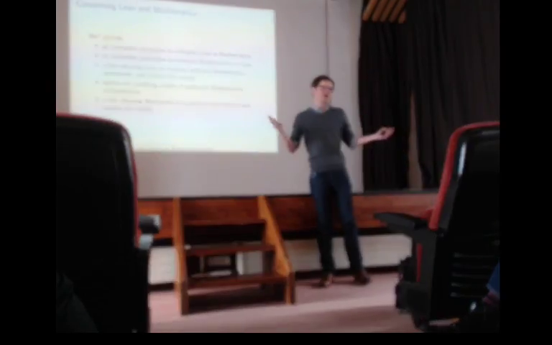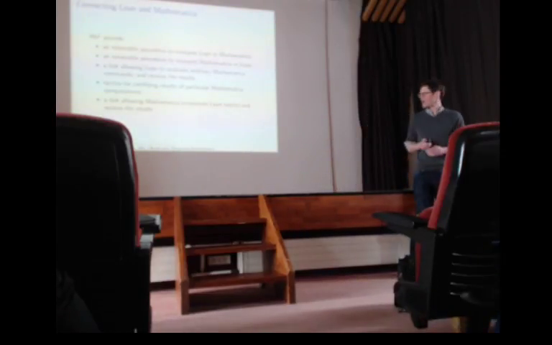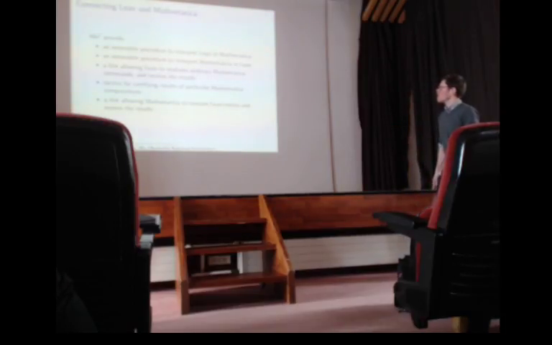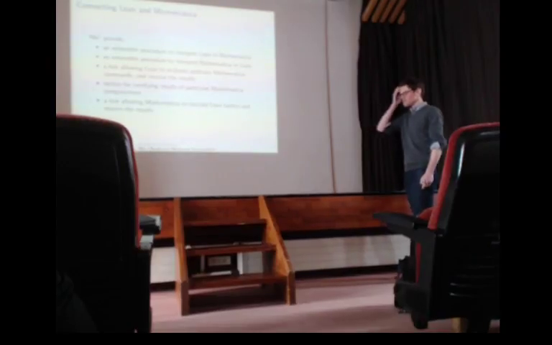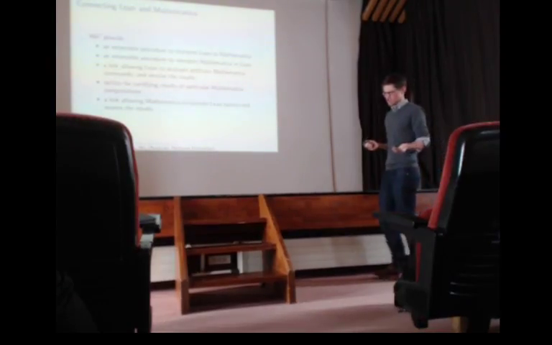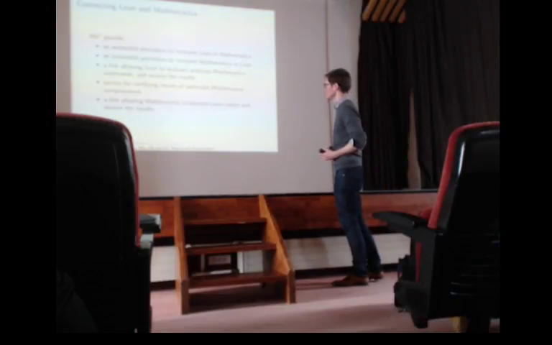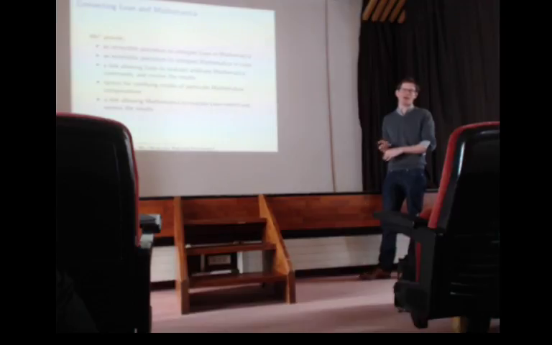So at various points, people have connected computer algebra and proof systems. We've done something similar for Lean. In effect, what we've provided is a generic translation procedure from Lean to Mathematica, and from Mathematica to Lean. We have links in both directions. So Lean can call Mathematica, can query it for information.